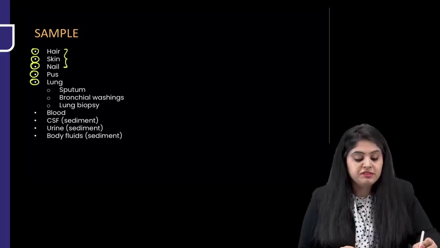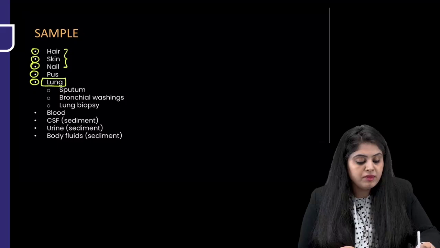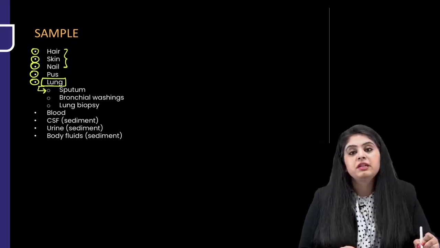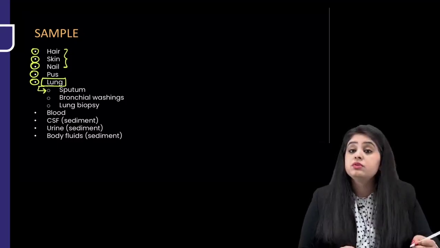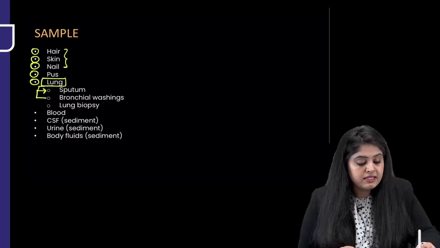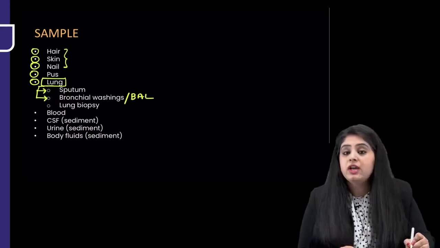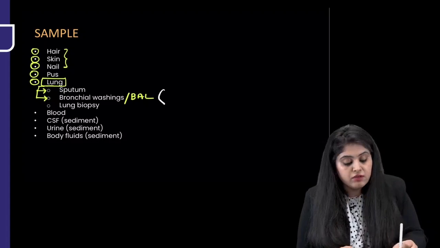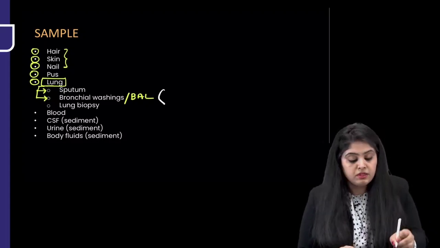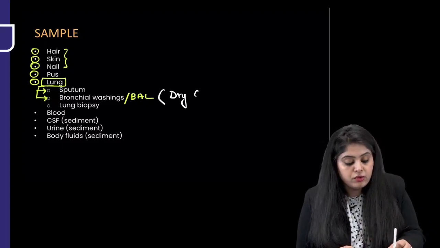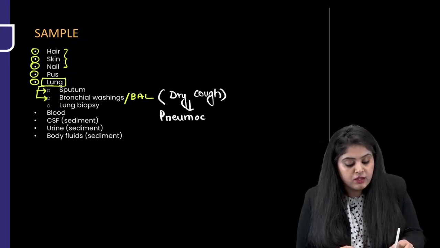Lung is a very common site. So if there is a pulmonary involvement, the most common sample that I'm expecting is sputum. If sputum is not available, they might have given me bronchial washings or a bronchoalveolar lavage. And let me tell you, there is one infection in which sputum is not formed. That person is not going to have sputum. That person is going to have dry cough, and that infection is going to be Pneumocystis carinii.